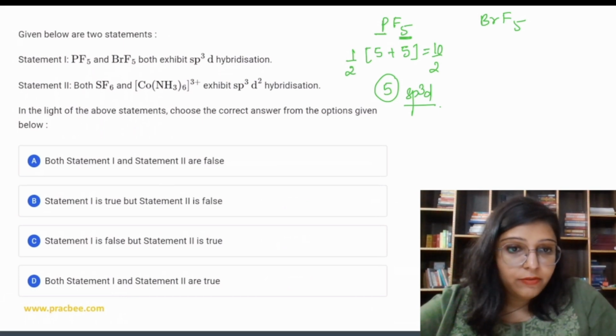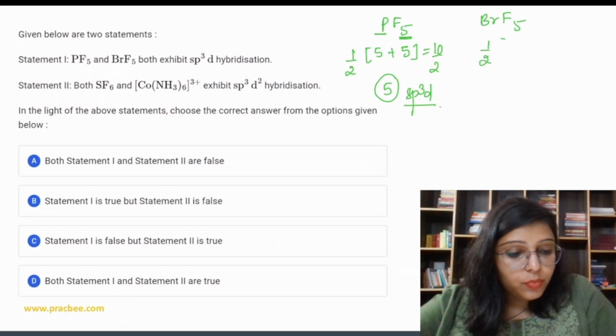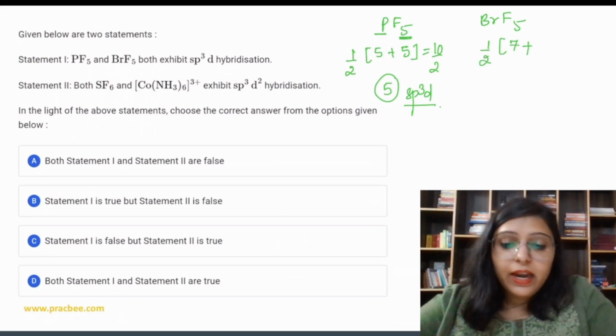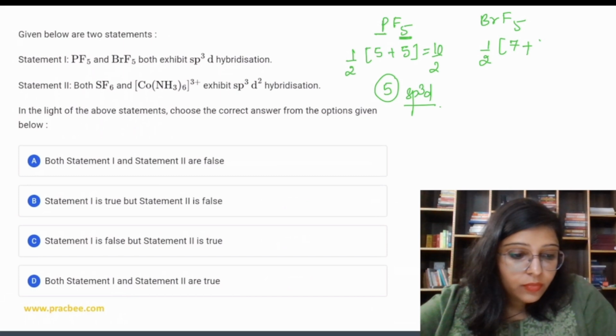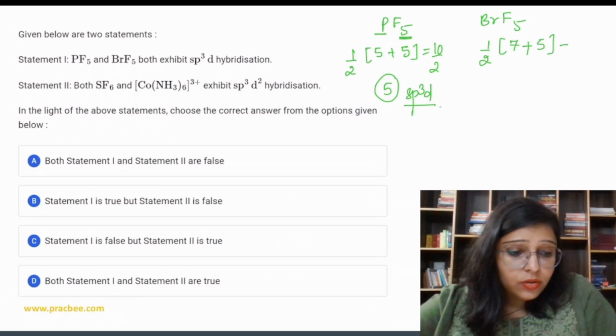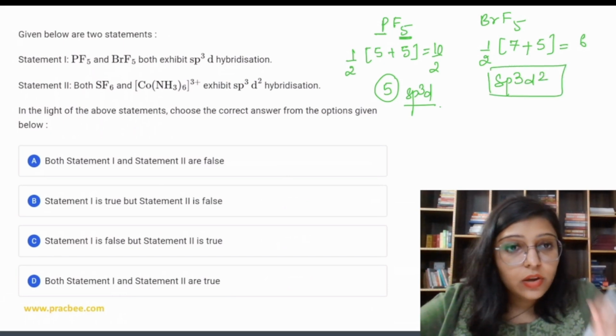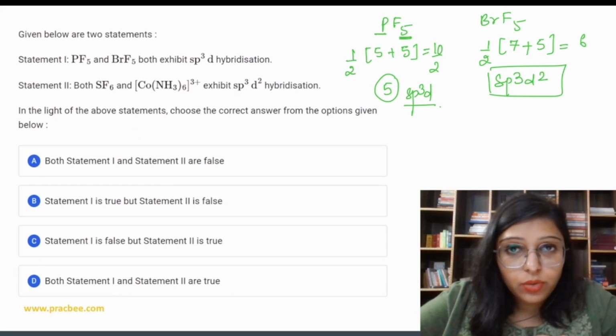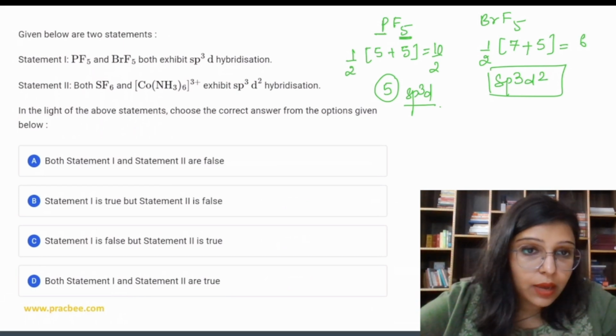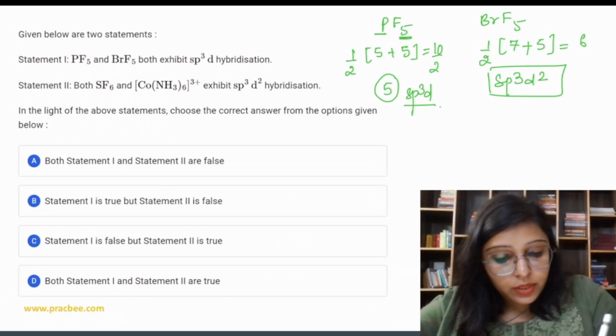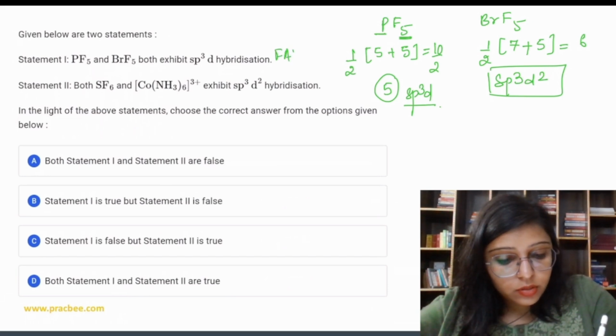Now check for BrF5. Half of bromine's valence electrons, 7, plus 5, so this is going to be 6. So that is sp3d2 hybridization because the steric number is 6. We have discussed this in chemical bonding. So this statement is false.